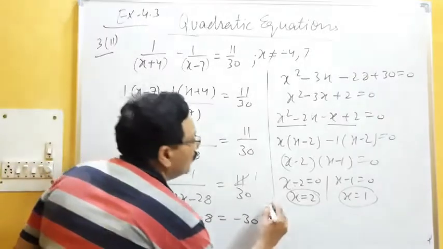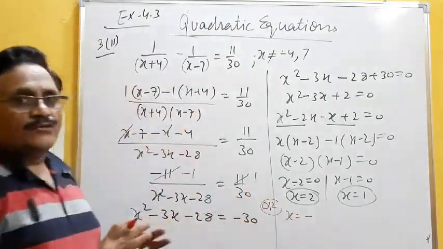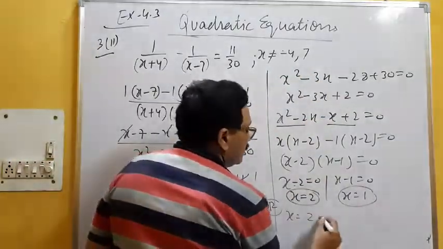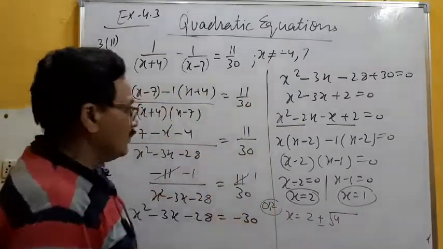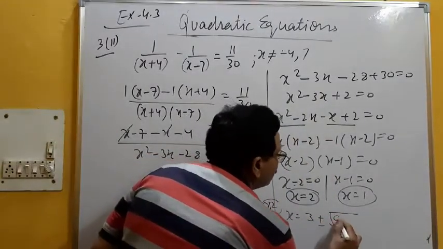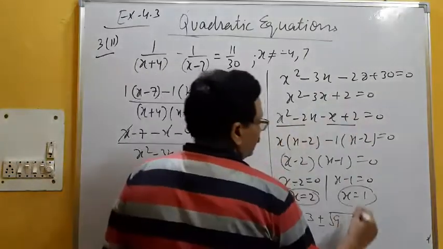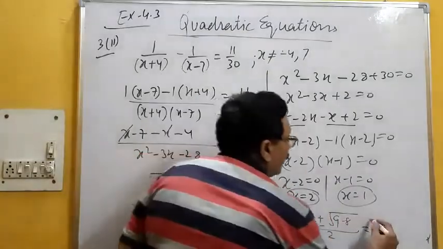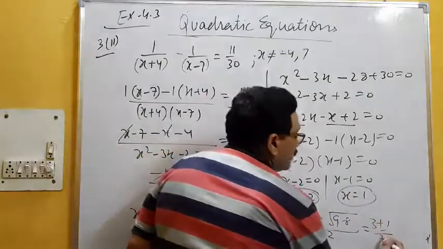If you want to solve this using the quadratic formula, I am writing it briefly. x = (−b ± √(b² − 4ac))/2a. I am taking only the values: −b is −(−3), which becomes plus 3, and b² is 9. 9 minus 8 is 1, upon 2.